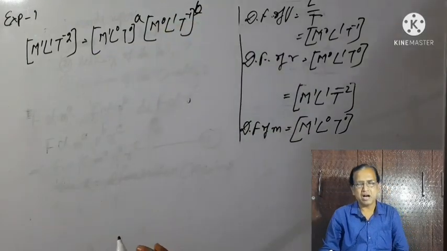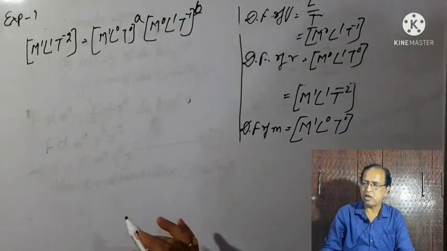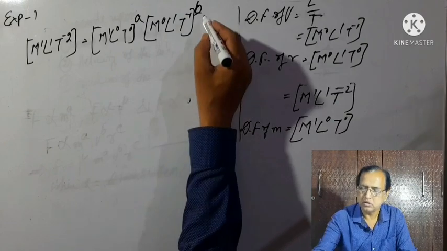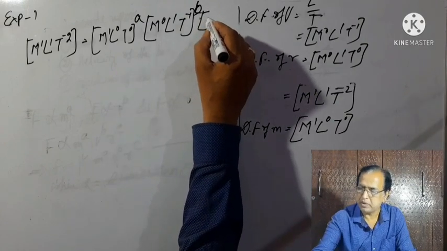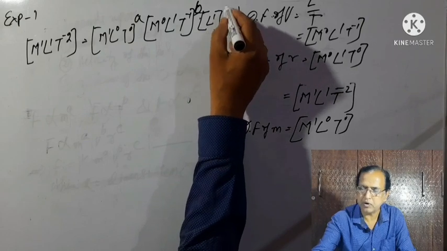Then radius r is simply M0 L1 T0, L1 to the power c.